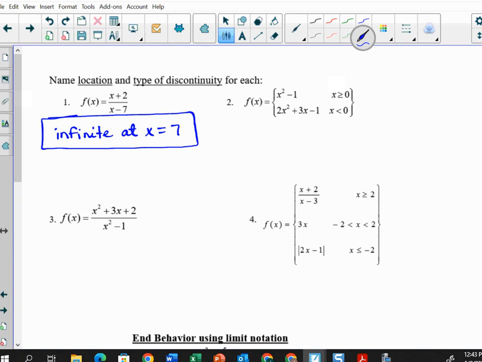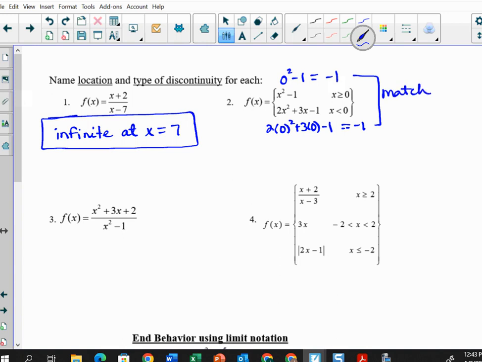All right, number 2. What type of discontinuity do you think we're looking at here? A jump. We're going to see if there is a jump. So what am I plugging in to check? 0. What is 0 squared minus 1? -1. Okay. 2 times 0 squared plus 3 times 0 minus 1 is -1. They match this time, right?